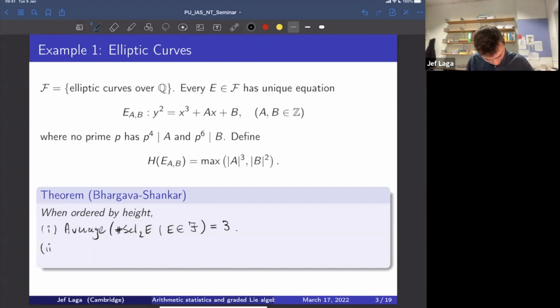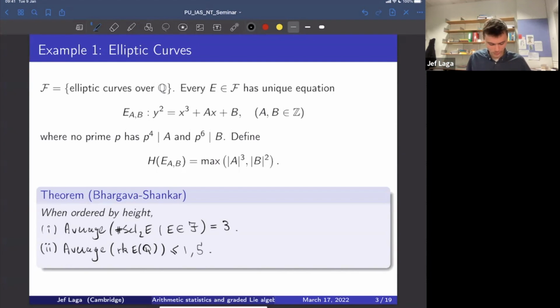So the limit exists and it equals 3. And an immediate consequence, using this exact sequence that I wrote on the previous slide, bearing in mind that for elliptic curves, their Jacobian is just equal to themselves, the rank of the finitely generated abelian group E(Q) is at most 1.5.